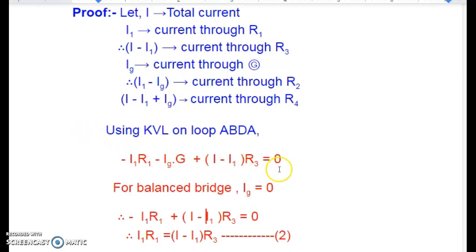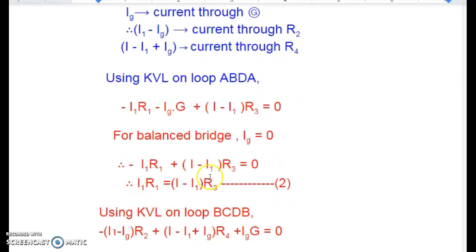Similarly, I can understand that though I am writing some Ig here, I actually know that for balanced bridge Ig is equal to 0. So I put it, and my equation comes out to be like this: minus I1 R1 plus I minus I1 into R3, because this term is going to become 0 now, is equal to 0. So you have I1 R1 is equal to I minus I1 into R3.